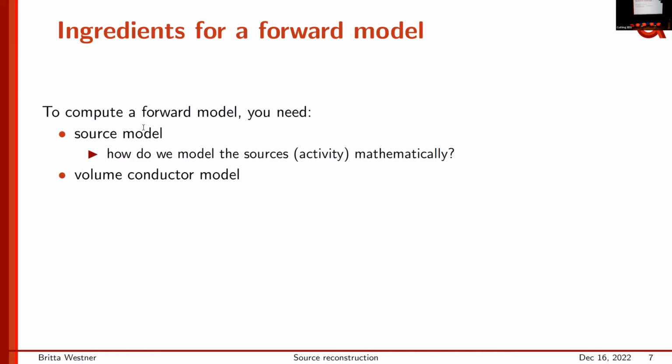The second thing you need is a volume conductor model. That does describe the geometry of the conductor. You could say colloquially, it's what that head looked like that the brain was in, that you recorded off. And it also describes the conductivities, especially important for EEG, right?